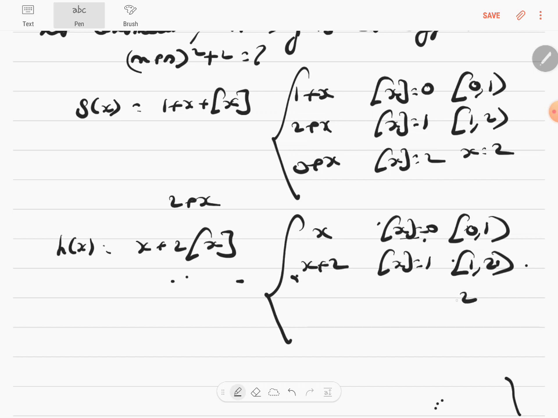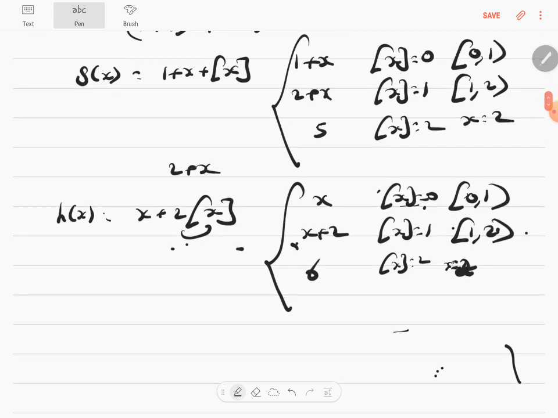And at x equal to 2, the greatest integer function itself will be 2, so it is 2 plus 4, which is 6. So this is not a function of x, because x itself is 2, so you can just substitute.